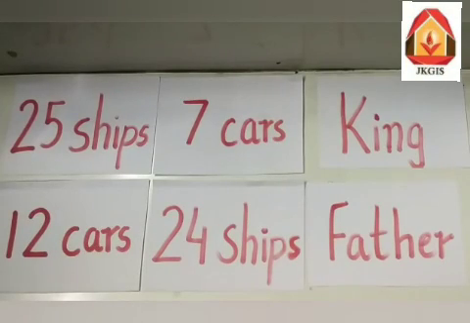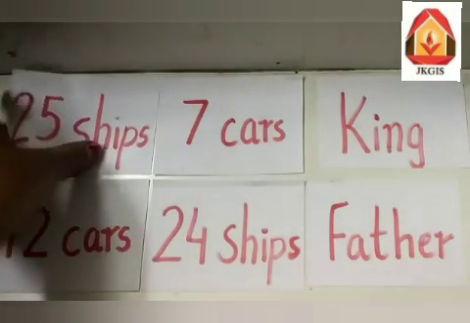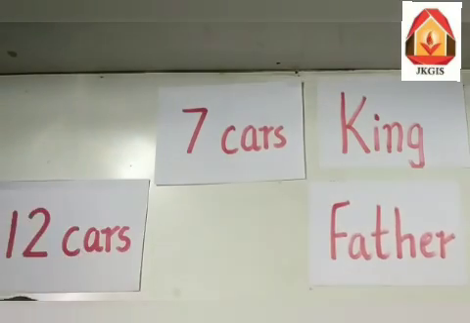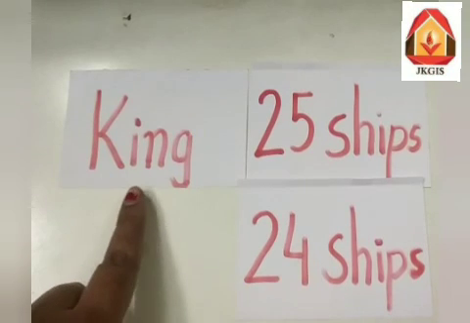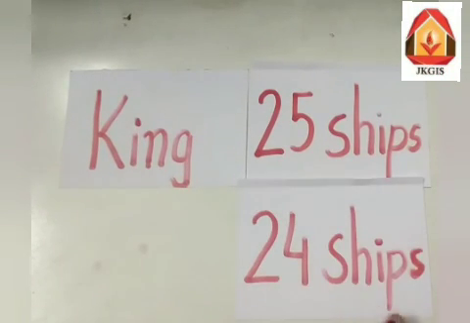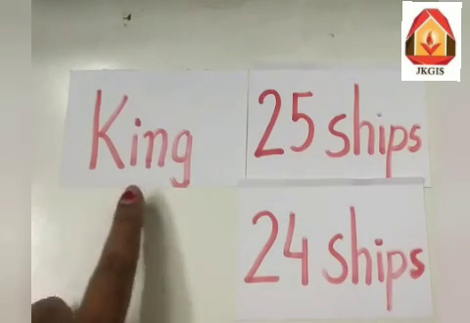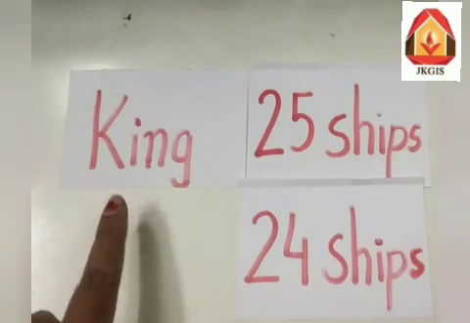Let's do the second one. Here let us take ships together. So we will take out ships and one gender. Let us take king. So now we have king, 25 ships and 24 ships. So to frame sentences, let us find out the opposite gender for king.